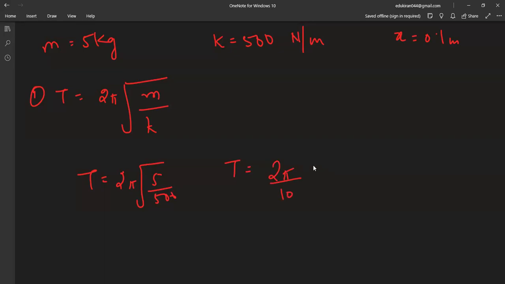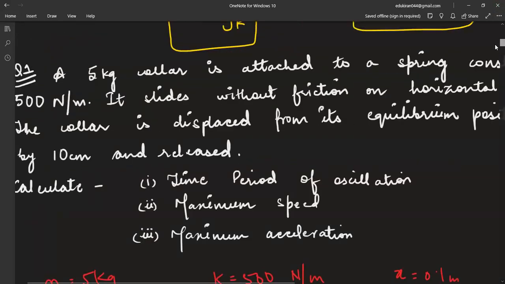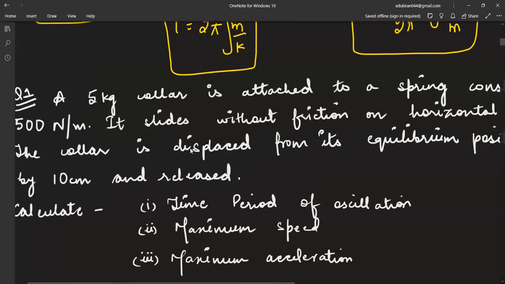X is the amplitude? X is the separation from the mean position. The collar is displaced from its mean position by 10 centimeter and released. Means if this is extended by 10 centimeters and then it's released, the restoring force will push it back.